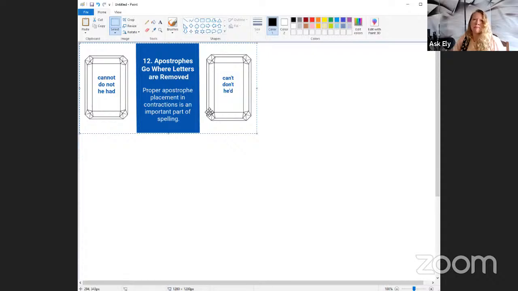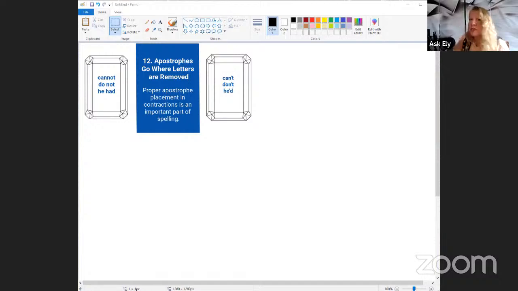Here's the next one. This one's on apostrophes. Now apostrophes, that's that little mark up here. That's an apostrophe. Proper apostrophe placement, putting it in the right place, in contractions is an important part of spelling. Okay, please, my students, when you are writing contractions, do not put a space.